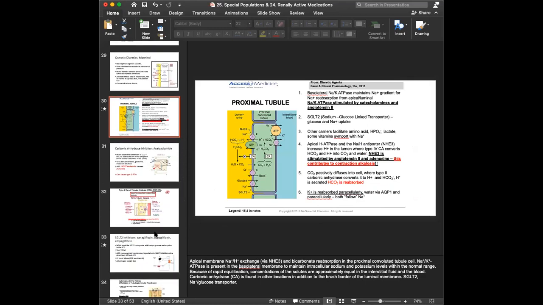Okay, proximal tubule, we said consisted of SGLT2 inhibitors and carbonic anhydrase inhibitors. Know that bicarb is reabsorbed here. NHE3 is stimulated by angiotensin and adenosine. It contributes to contraction alkalosis.